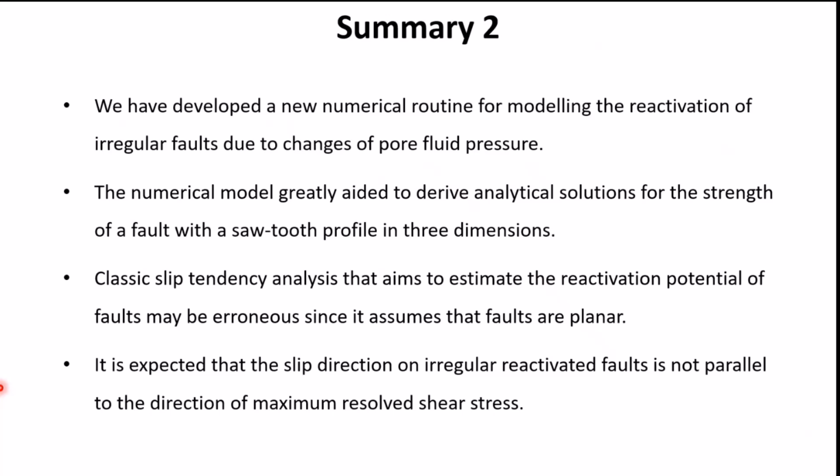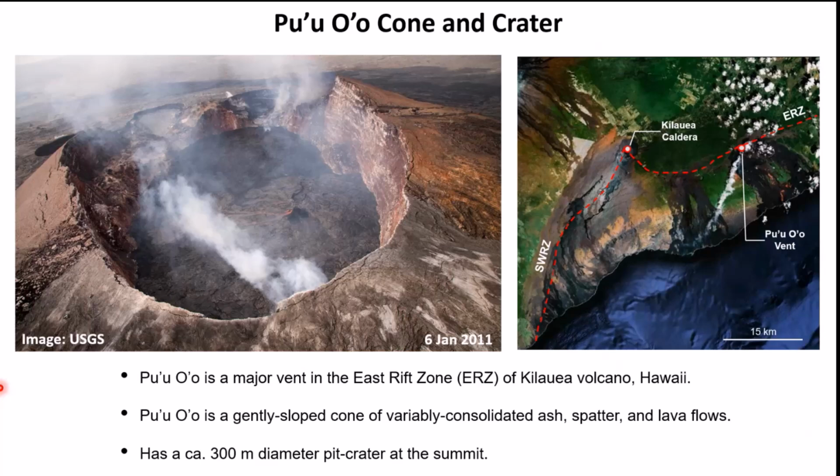Right, so I'm going to finish with a hot topic. I don't want to say it's a hobby, but it is kind of a hobby. I'm collaborating with volcanologists, and we try to better understand the mechanics of calderas and caldera collapse specifically. What I'm showing you here is a small vent in Hawaii.